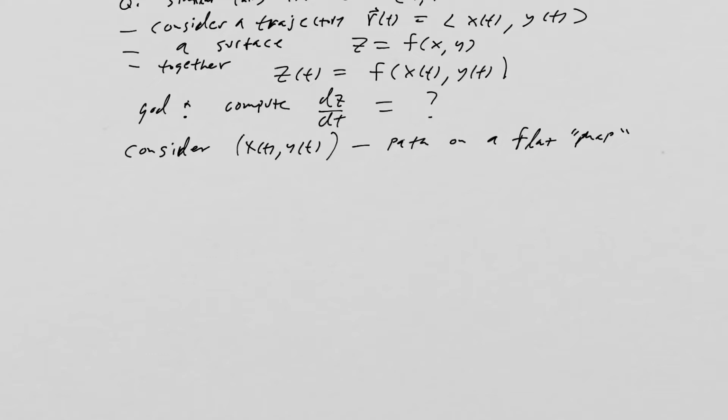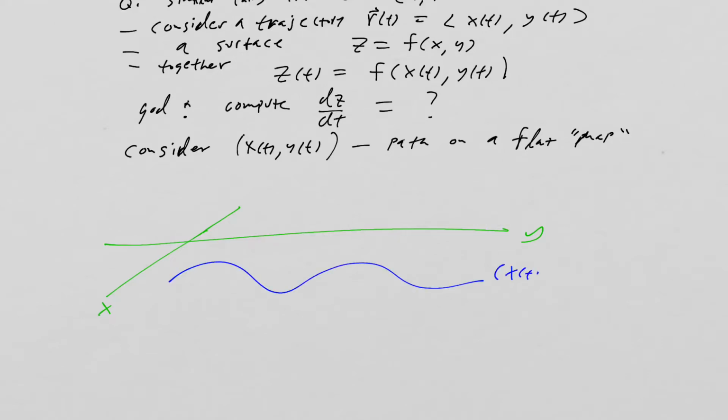Okay, so we can consider it like this. There's x and there's y, and we have our trajectory, our x of t, y of t, as being some pathway that's on this flat surface.